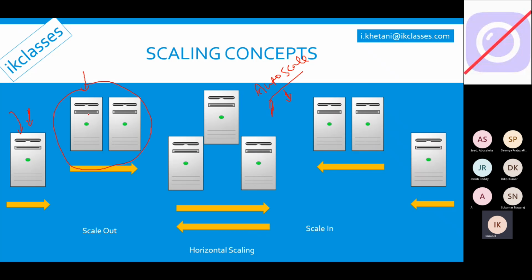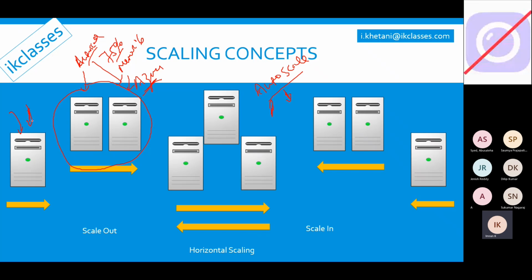So if you have the scaling in place, that says, let's say if this particular VM reaches 75% of CPU or memory usage, just add an extra node to that cluster. You can have those auto scale rules in place, and on your behalf, Azure will monitor the workload.